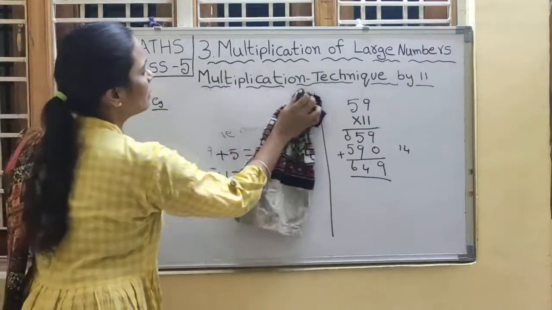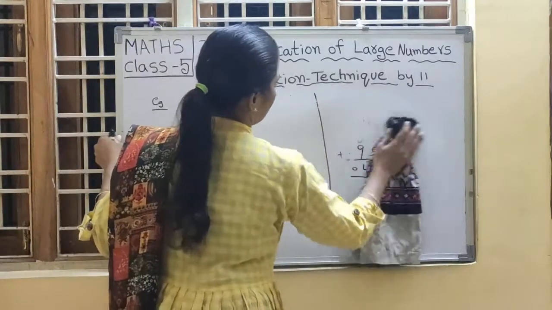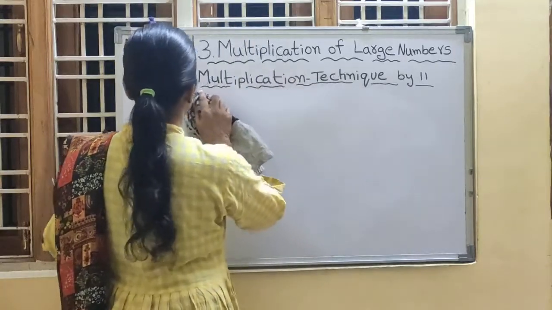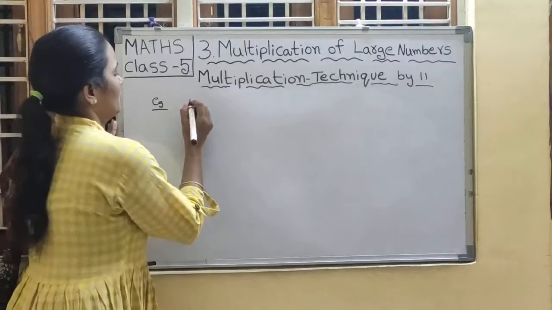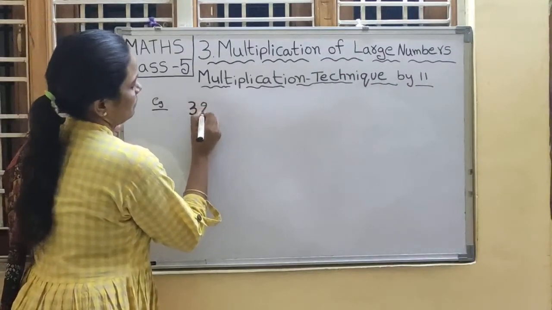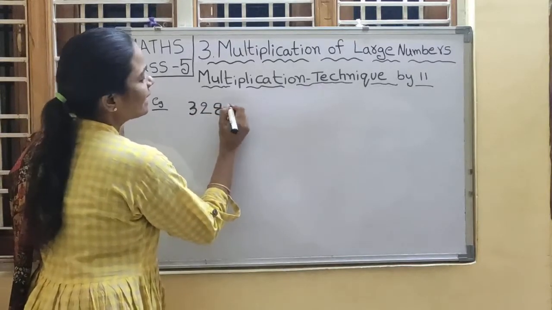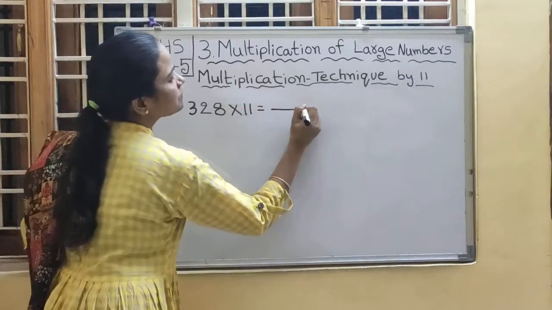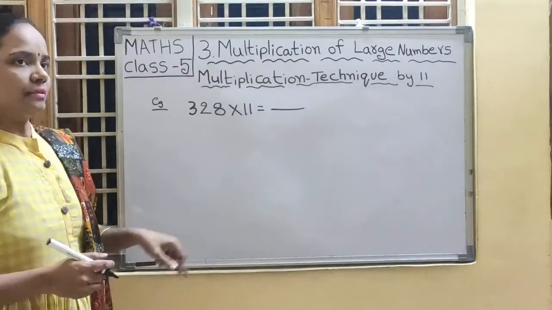Next, second example. Into 11. 328 into 11.